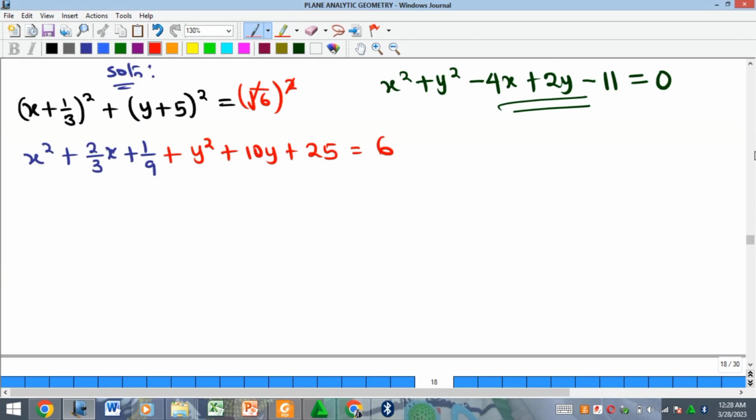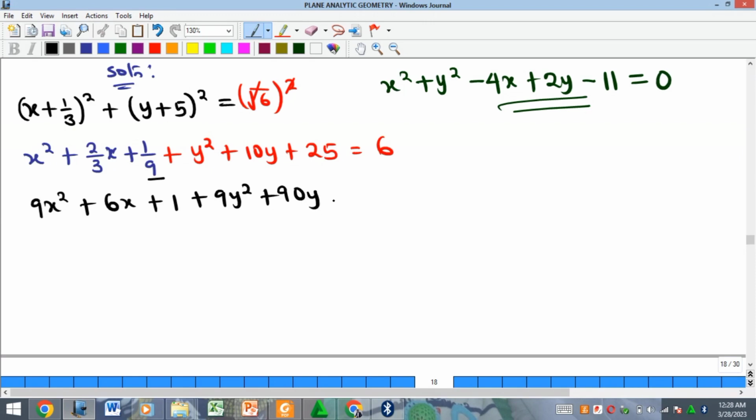So we'll try now to simplify, and by simplifying I mean to gather the values we have. But even before doing that, we can first of all clear all the fractions by multiplying through with the LCM, which is 9. So if I multiply through by 9, I will have 9x squared, and then 9 multiplying this, 9 will cancel 3 and you have 3 left. 3 times 2 is 6x. 9 multiplying 1 over 9 will give us 1, and then this will be 9y squared, and this other one will have 90y.